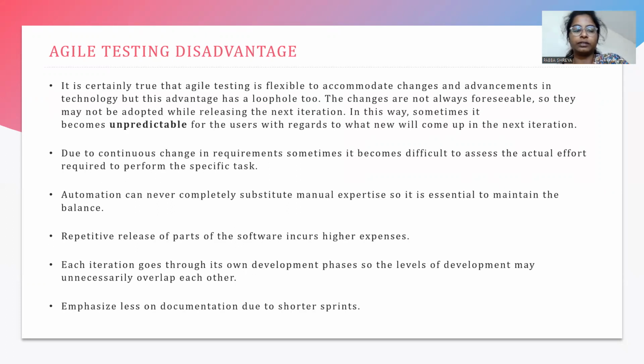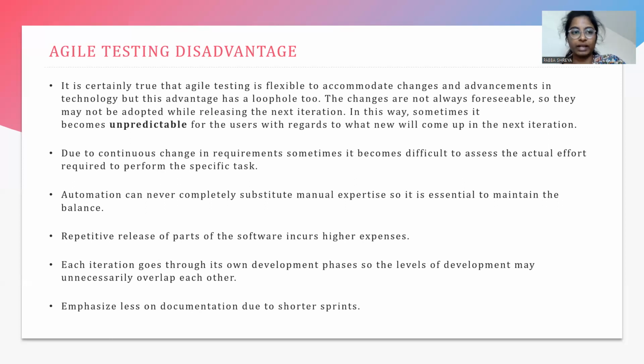And for agile testing, there are some disadvantages also. It is certainly true that agile testing is flexible to accommodate changes and advancements in technology, but this advantage has a loophole too. The changes are not always forcible, so they may not be adopted while releasing the next iteration.